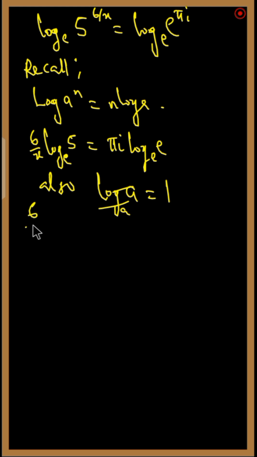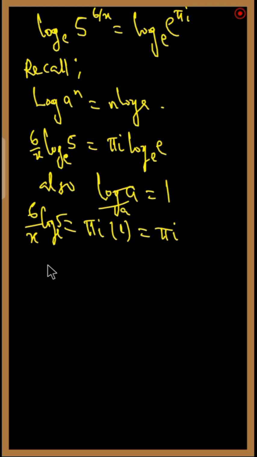So we now have 6 over x is equal to pi i multiplied by 1. Pi i multiplied by 1 is pi i. We still have log of 5 to base e. The next thing we are going to do is cross multiply.